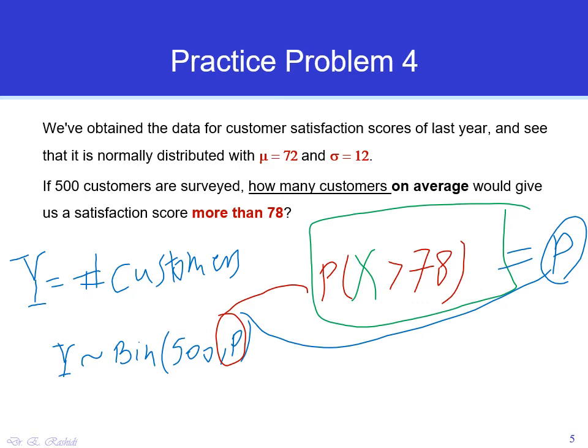The problem is asking for the average number of successes, right?